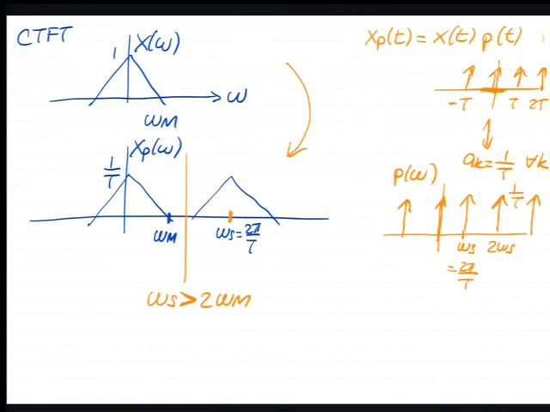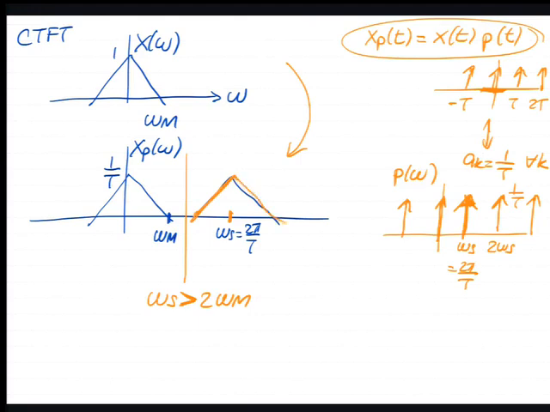Because it's a product in time, in the frequency domain, it's a convolution. Convolution with a delta does nothing, right? Convolution with a delta at omega s, again, does nothing except that it shifts by omega s, right? And that's exactly why you get this copy.